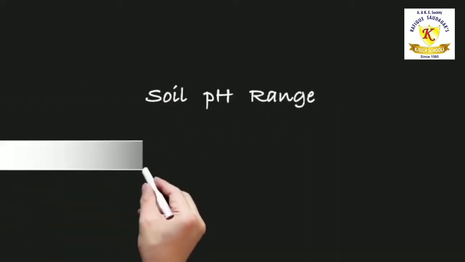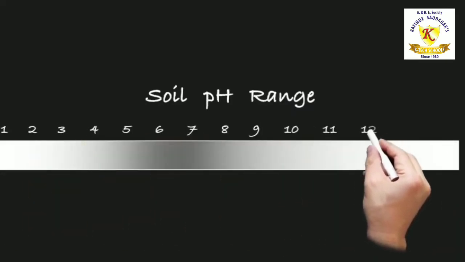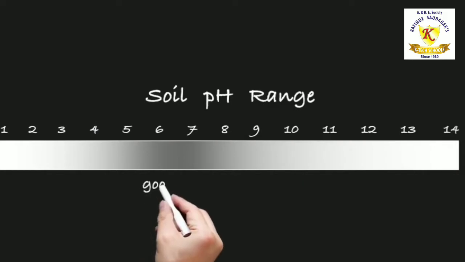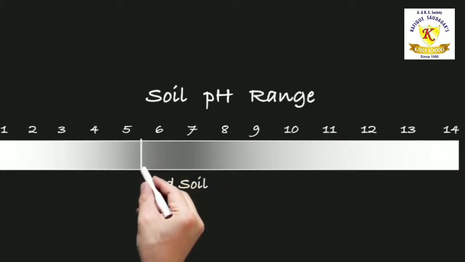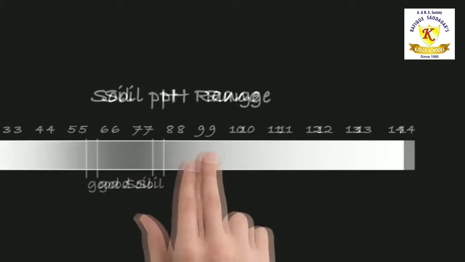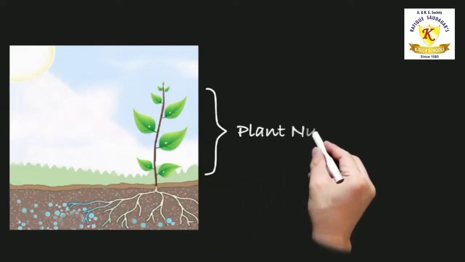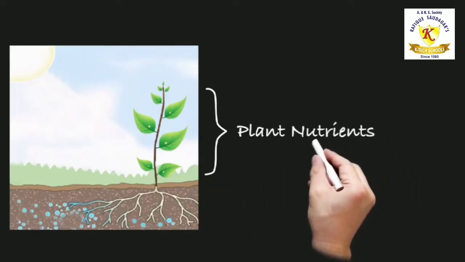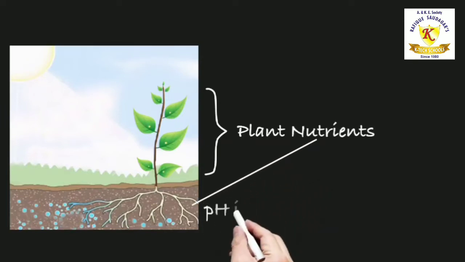The range of pH value of good soil lies between 5.5 to 7.5. Availability of plants' nutrients depends on the pH of soil.